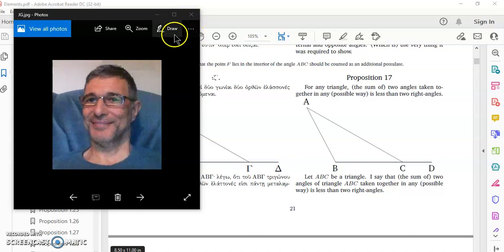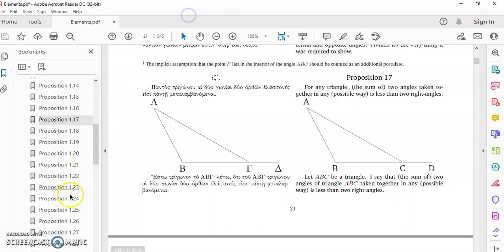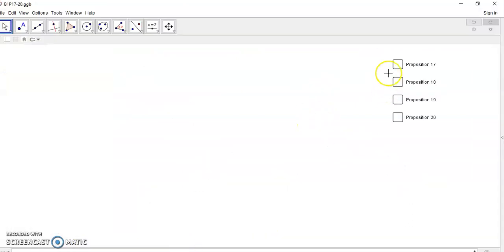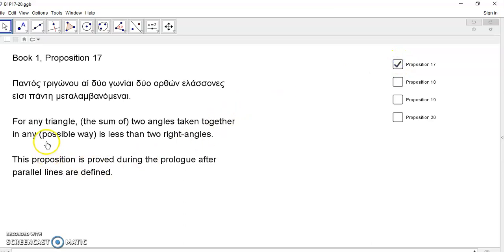In today's video we will be looking at propositions 17 through 20 of Euclid's Elements in Book 1. So let's begin. Now the first proposition states that for any triangle the sum of two angles taken together in any possible way is less than two right angles. And of course this proposition is proved during the prologue after parallel lines are defined.